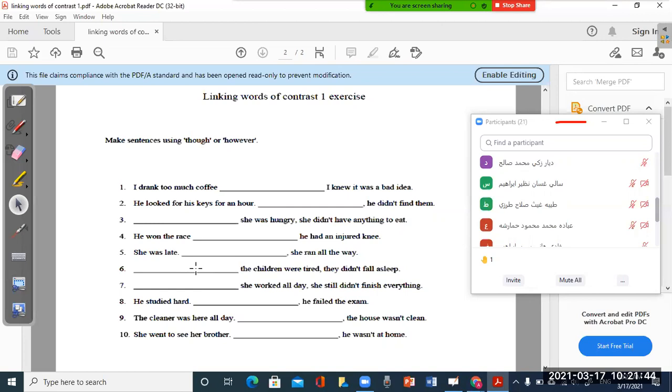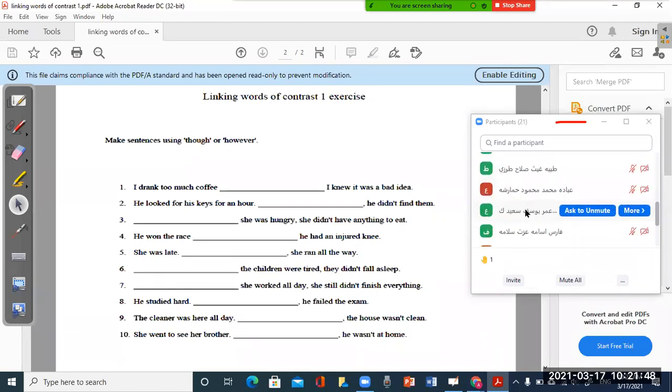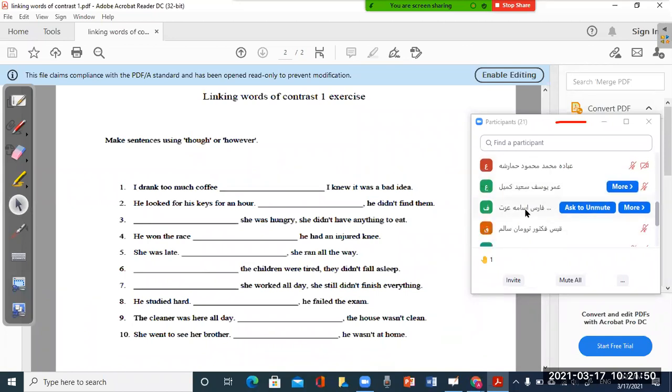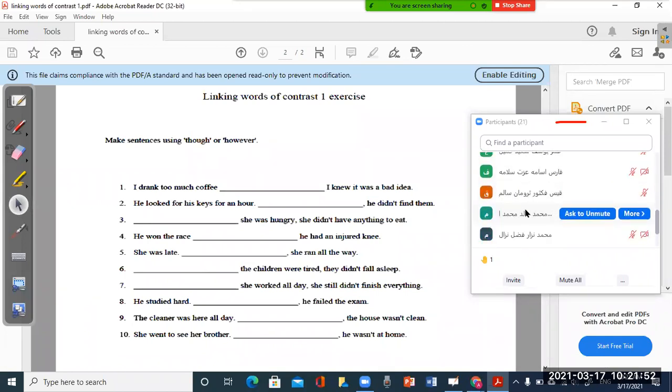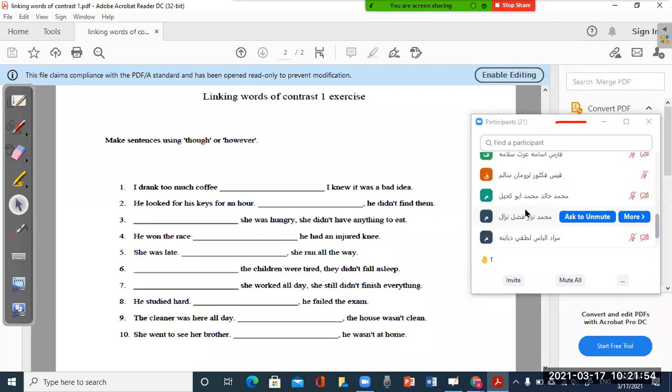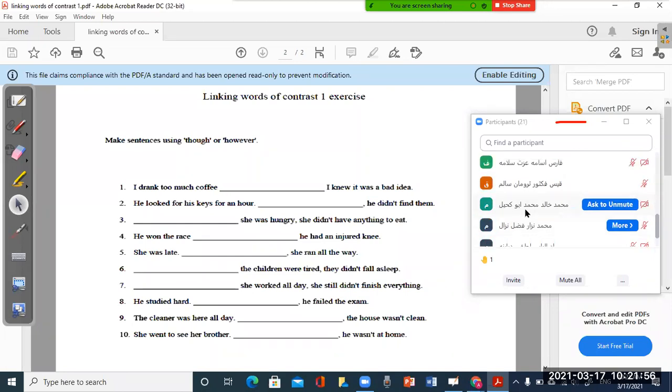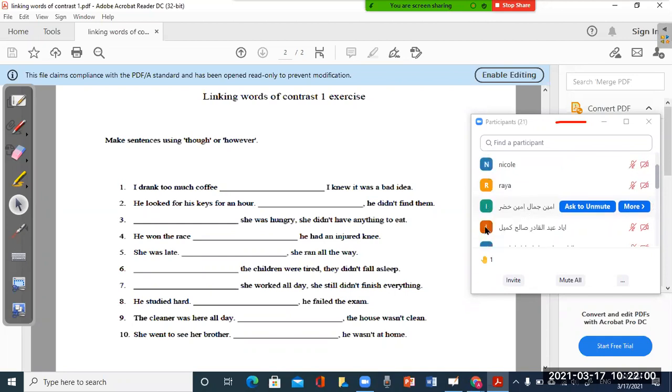Though the children were tired, they didn't fall asleep. Okay, the next one, Faris. Number 6. Okay, do that. Though the children were tired, they didn't fall asleep.